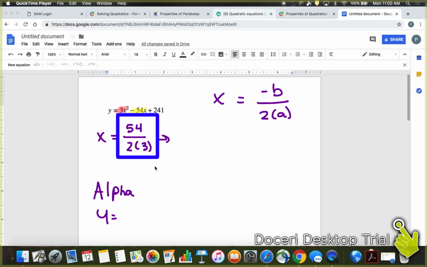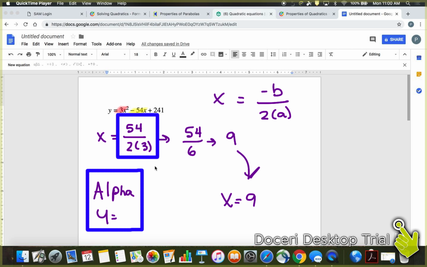Or if you just want to do some of the math by yourself, you can do 54 divided by 6, which we know gives us 9. So for this problem, x is equal to 9. Now again, you can put this in alpha y equals, and it's just going to go ahead and solve this for you, and it'll give you the same thing, x equals 9.